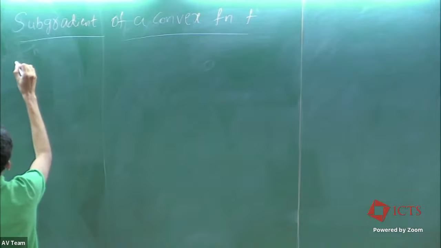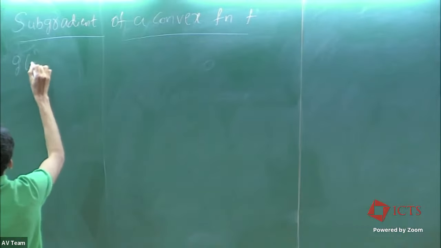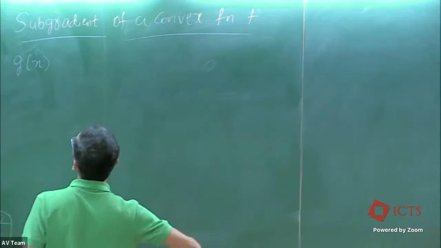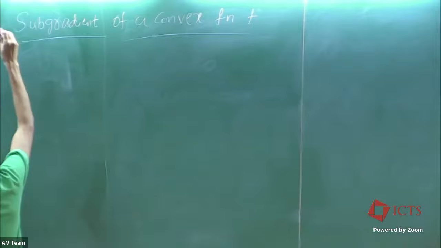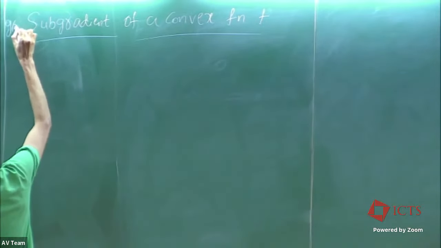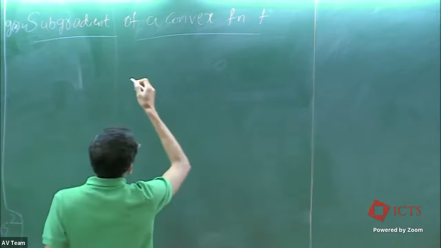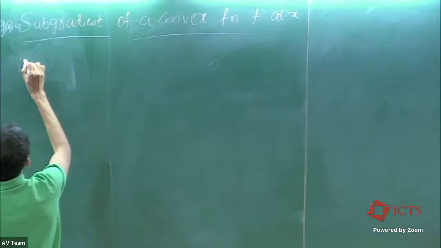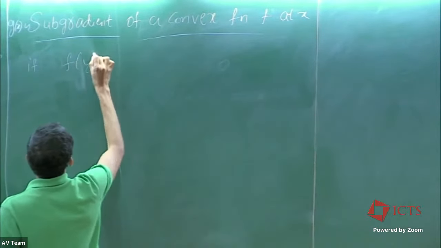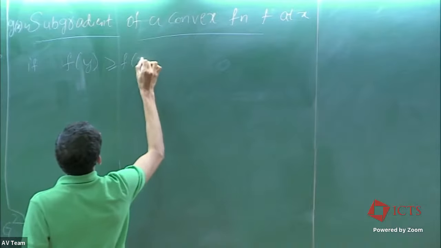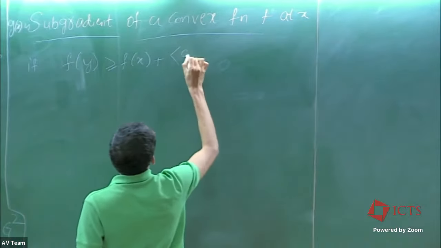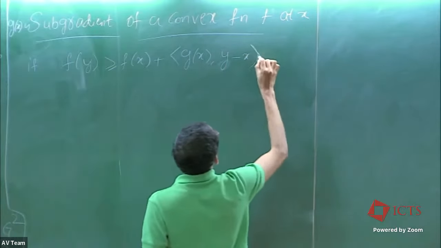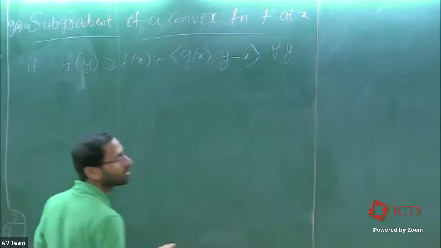A vector g of x is a subgradient of a convex function f at x if the following condition is satisfied: f of y is greater than or equal to f of x plus g transpose times y minus x, for every y.